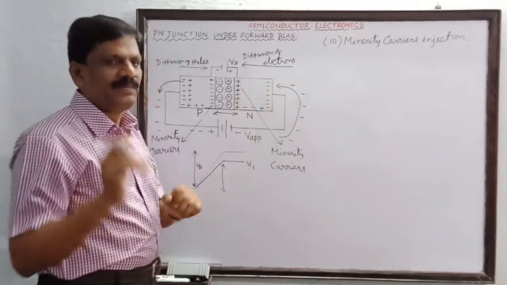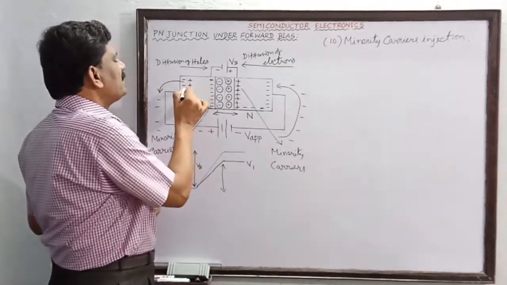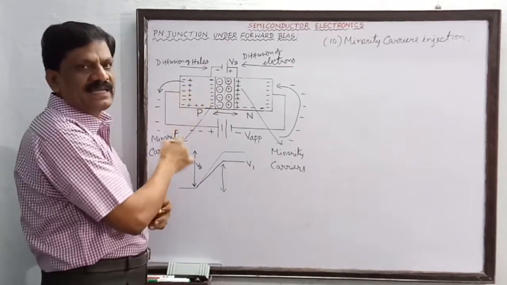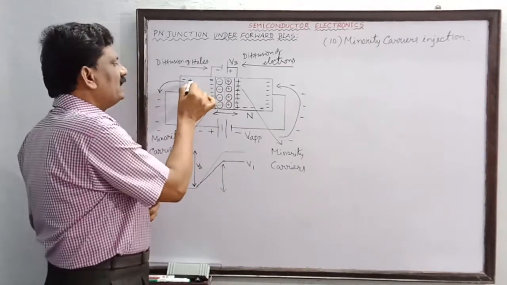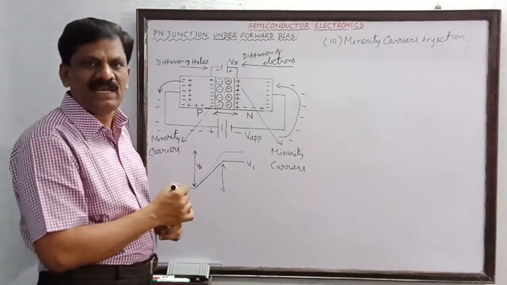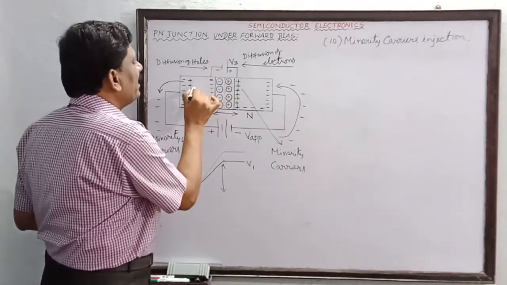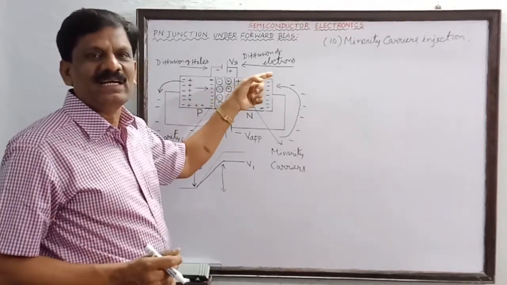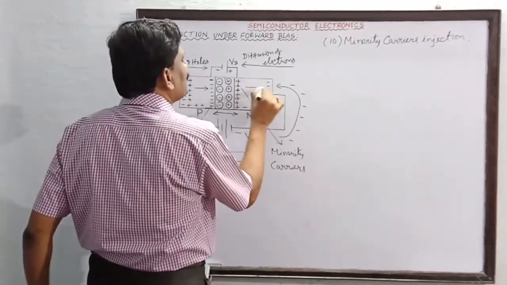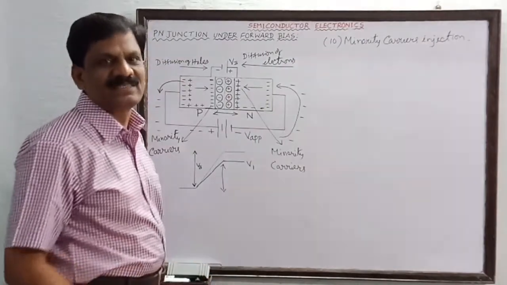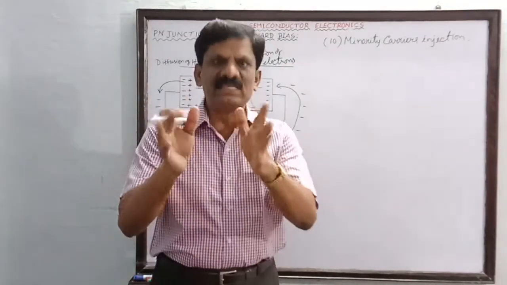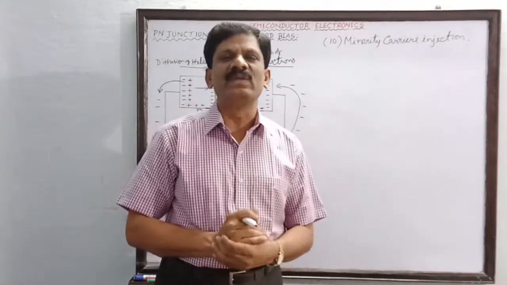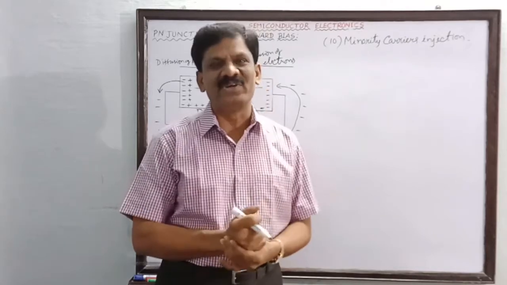Okay, students, so it will enter the N region. Now what is going to happen? After sending these free electrons to the external circuit, who is remaining here? These positively charged holes are remaining, and these will diffuse. These holes only will be diffusing. At the same time, these electrons will be diffusing across the junction. This is the actual diffusion process taking place, due to which a current is produced.